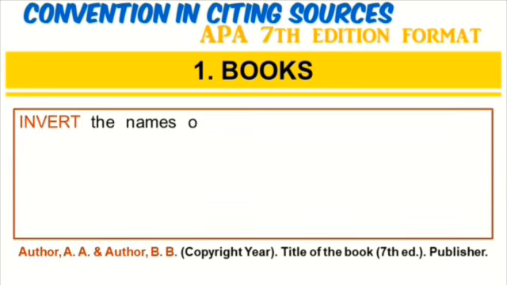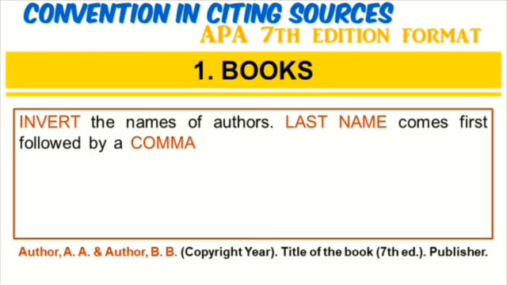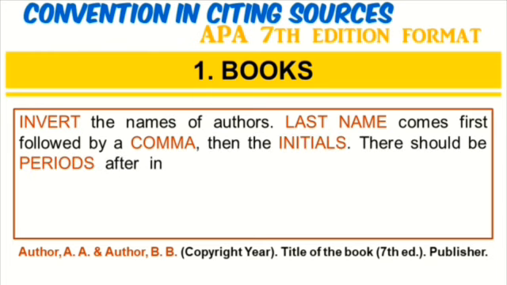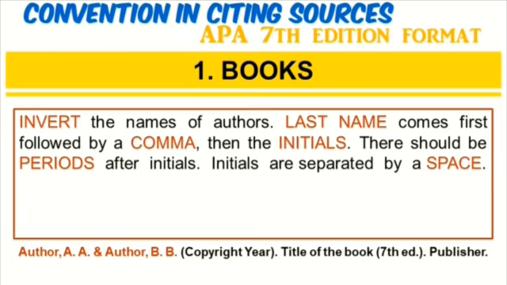When you write the names of the authors, invert the names of authors. Last name comes first, followed by a comma, then the initials. There should be periods after initials. Initials are separated by a space.